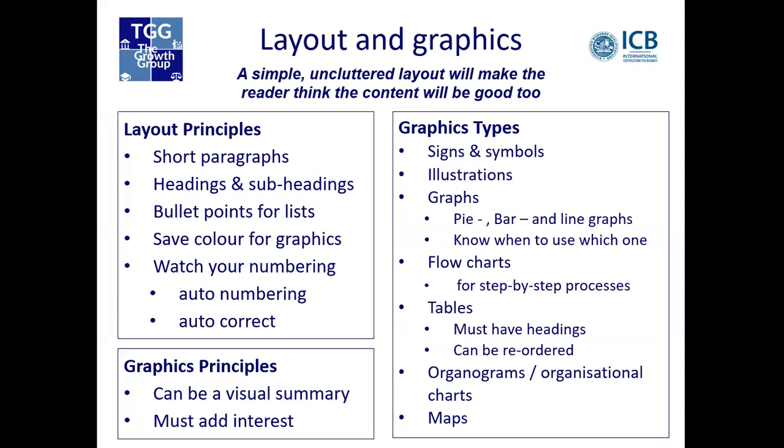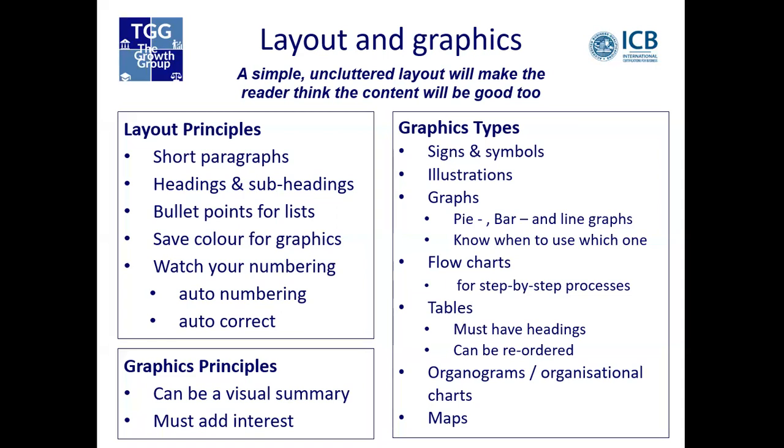If you are talking about different percentages or parts of a whole, then a pie chart is good to use. If you are trying to indicate a change in one variable, then a line chart is possibly a lot better. And if you are trying to compare three different variables, then of course a bar chart or bar graph will be much better.